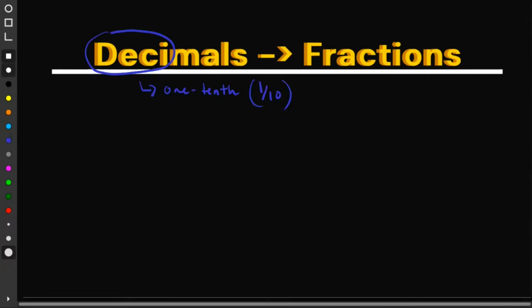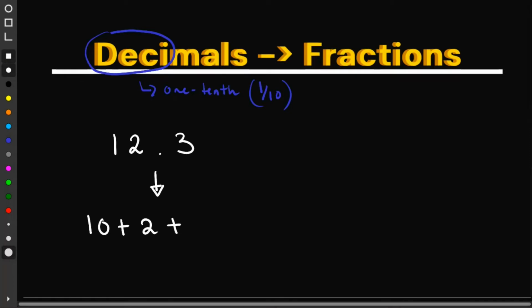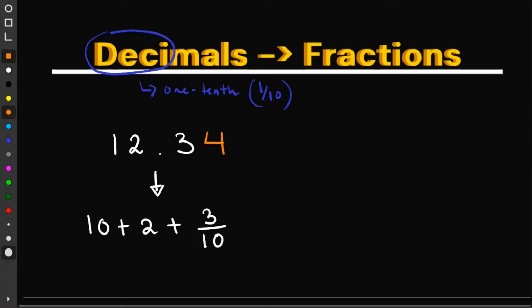So let's give an example on that. If we have 12.3, we can write this as 10 plus 2 plus 3/10. If we still want to add another number here, we can write that as 4/100.